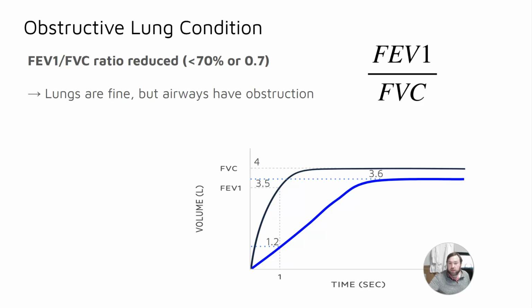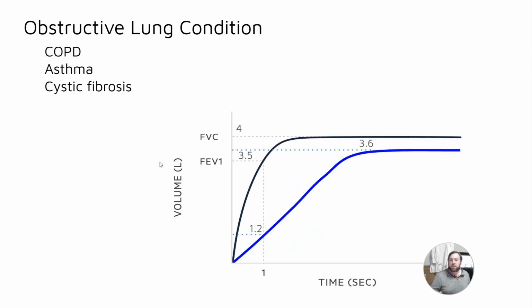What kind of conditions are obstructive lung conditions? We have your classic COPD, which is an obstructive disease where a bunch of mucus is formed when you've been smoking for all your life. Asthma, as we know, is a kind of chronic condition that has mucus as well as the irritation and swelling of the airways.